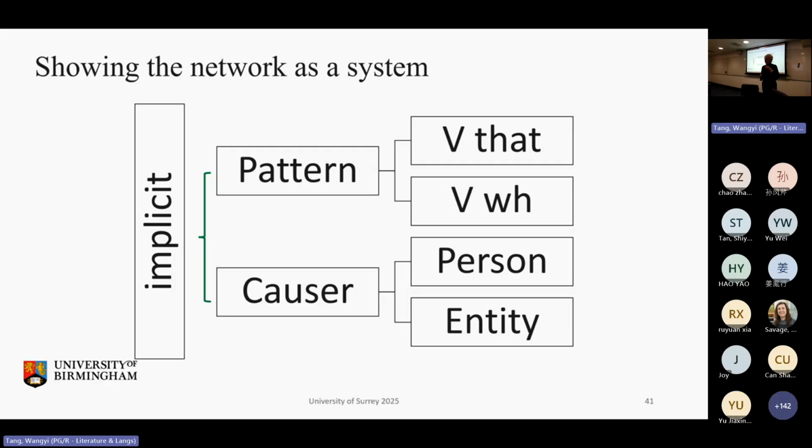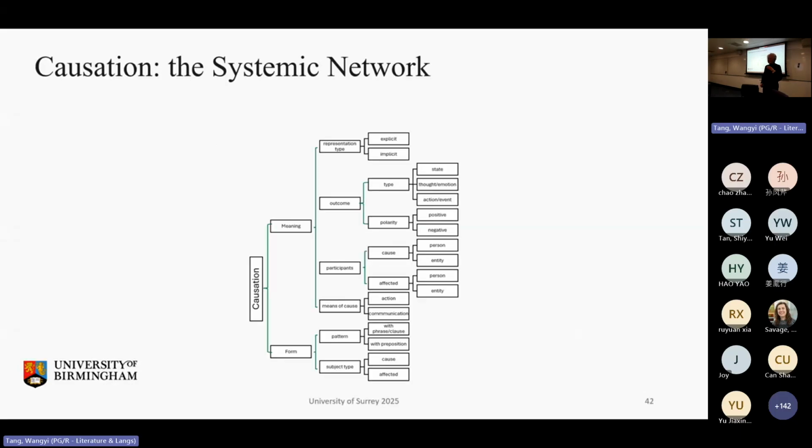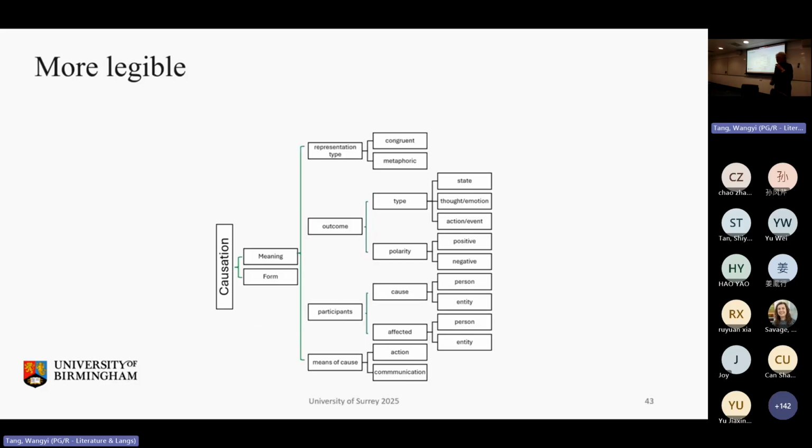And if you make one choice from each of those parts of the system, you end up with a particular construction. So this, again, illegibly, is the causation system network, which gives you a simultaneous choice between meaning and form. So you've got a set of meaning choices, a set of form choices, and I think the next one, yes, the next one's a little bit more legible.